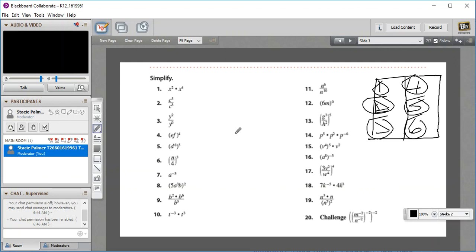Okay, so that might have been a little bit confusing. So let me go over that again. You're going to do this assignment. Then you are going to move to breakout room number 2 to correct your assignment. Breakout room number 3 is your quiz. So if you do your assignment, you correct your assignment, you know how to do everything, you're going to move to breakout room number 3 and take your quiz.